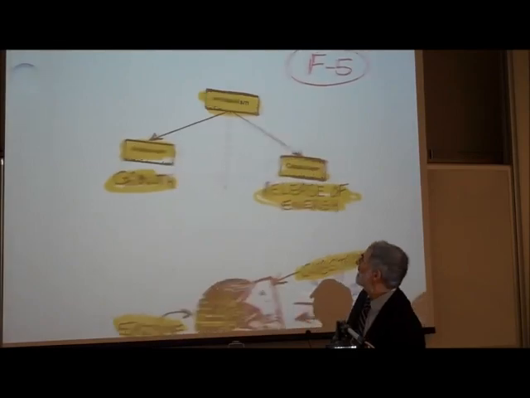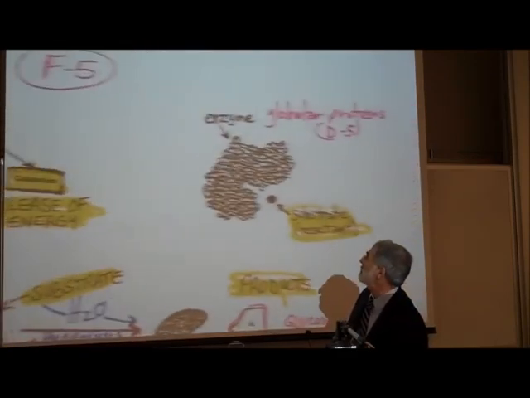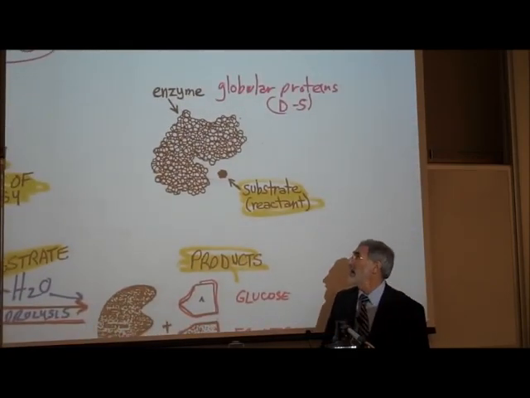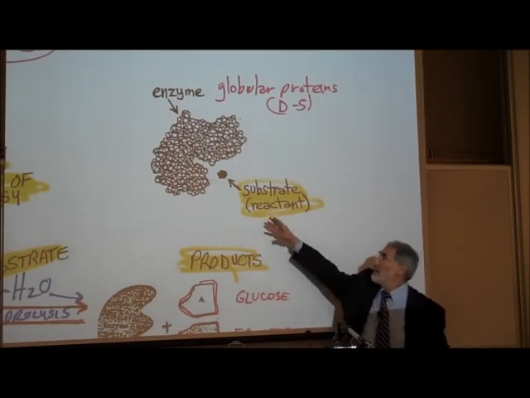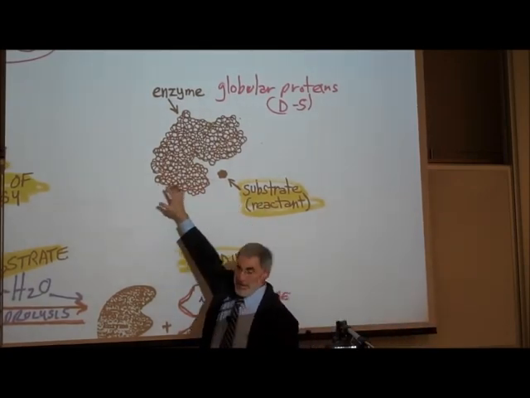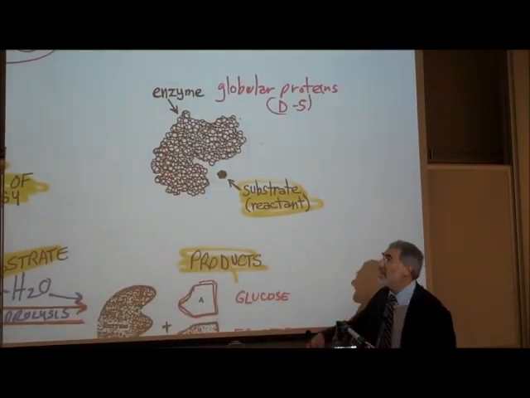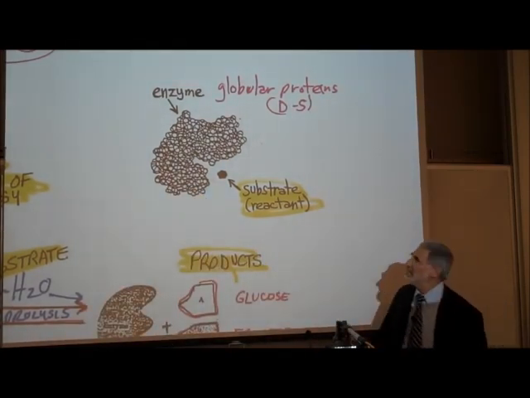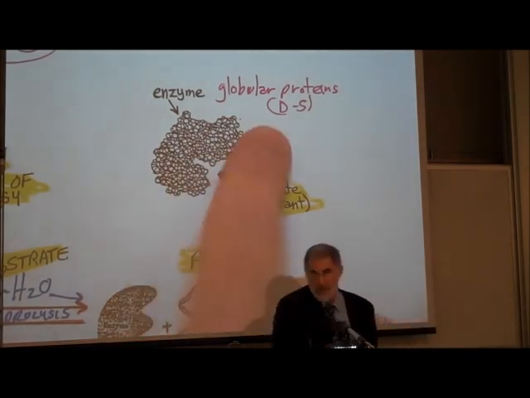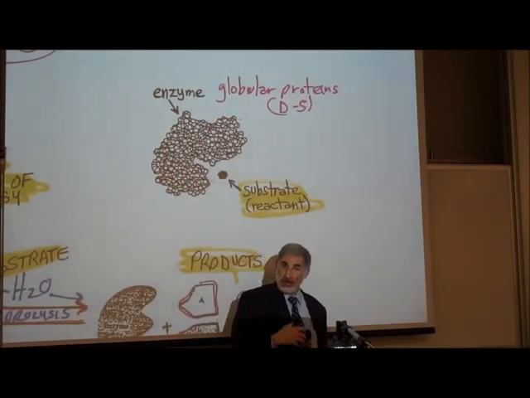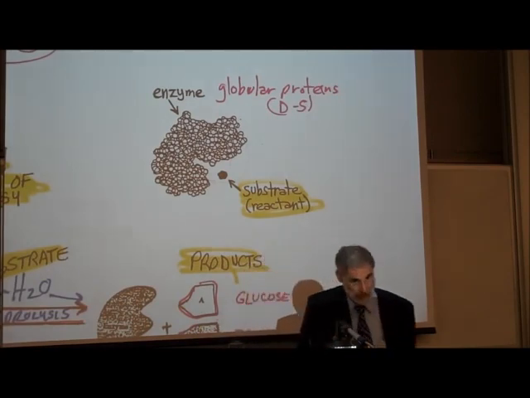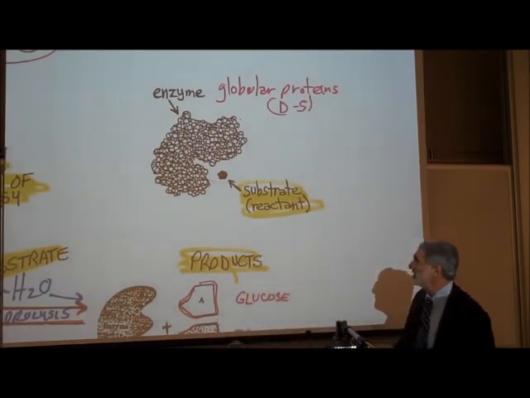Now, since we're on this page, F5, let's look right here at the right on F5. This big glob, this thing that looks like a twisted up slinky, is an enzyme. We know that enzymes are globular-shaped proteins, proteins with a tertiary structure, a third-level structure of complexity.